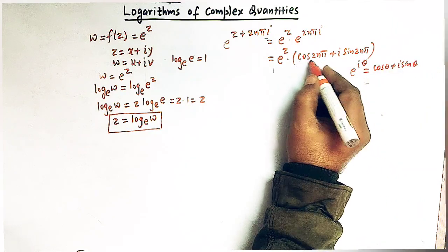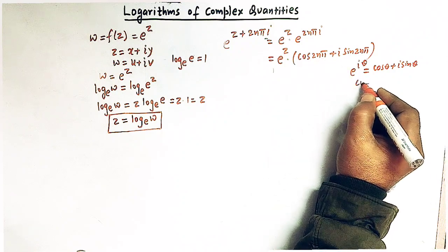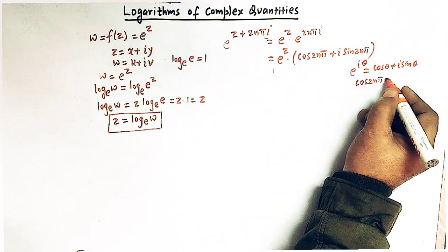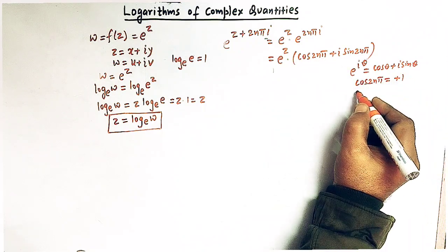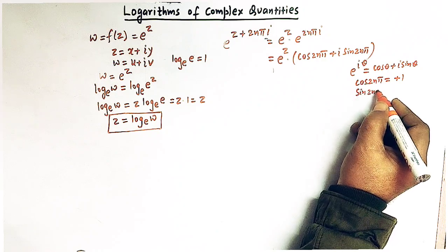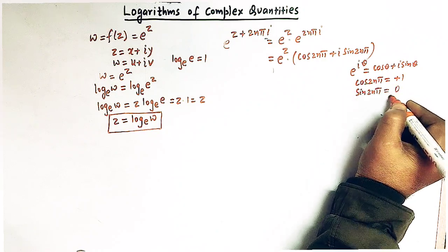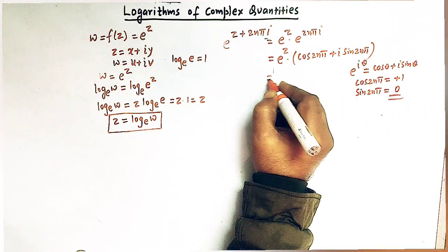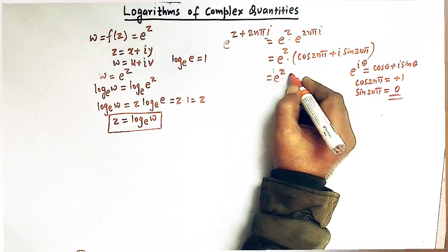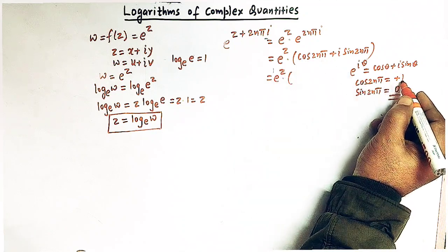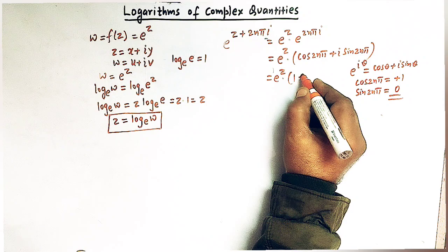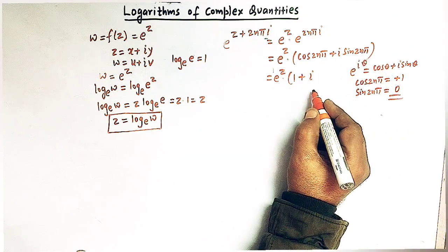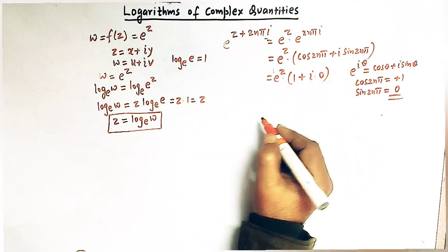So now cos 2n pi is equal to 1, and sine 2n pi is equal to 0.